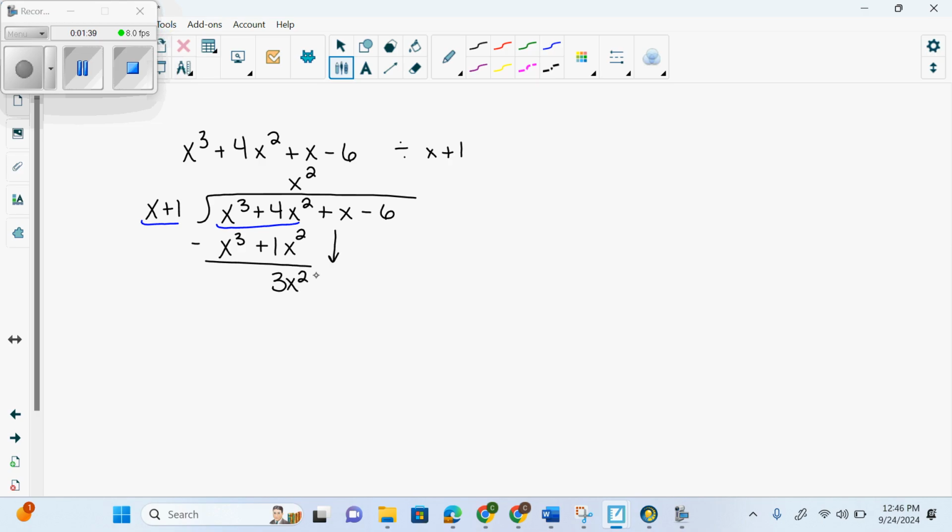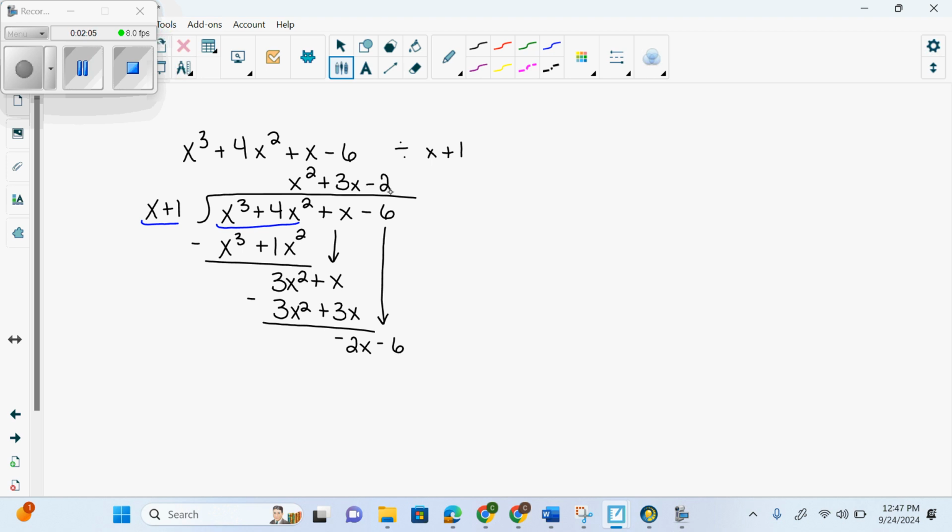Then I add x. And I go x times what is 3x squared? 3x. 3x times x is 3x squared. 3x times 1 is 3x. And then I subtract them. Those cancel. x minus 3x is negative 2x. And subtract 6. x times what is negative 2x?